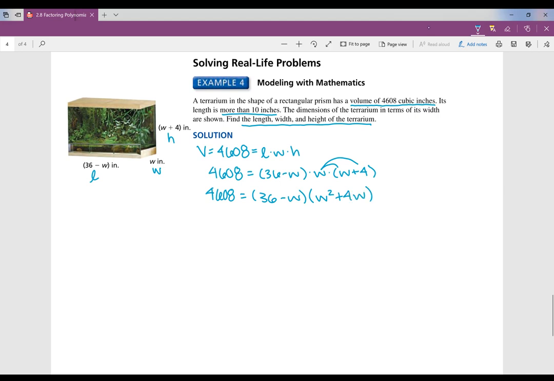Now we have two binomials, so remember, distribute everything in the first to everything in the second. So 4,608, 36 times W squared will give us 36W squared. 36 times 4W is 144W. Negative W times W squared is minus W cubed.